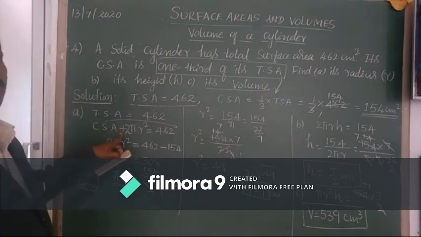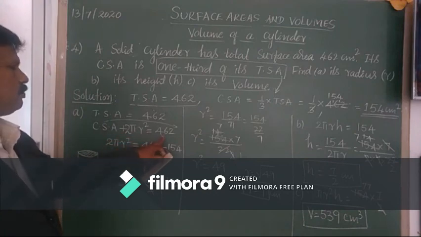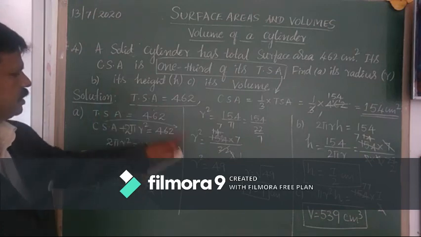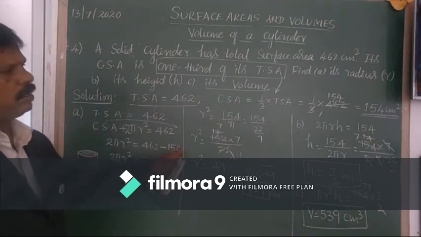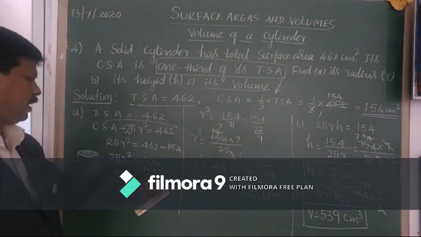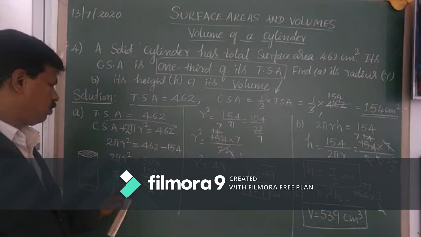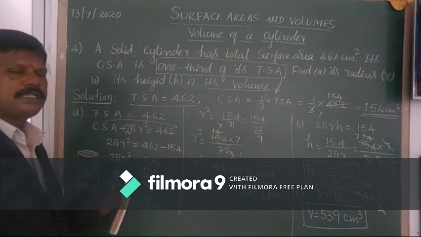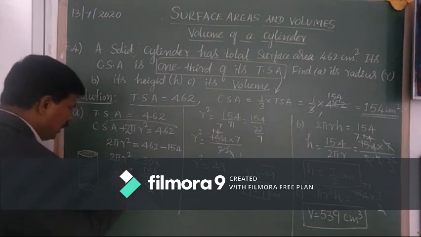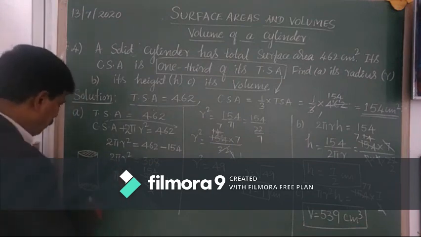CSA plus 2 pi r square, that is 462. Now 2 pi r square, keep it here only. 462, shift this CSA to this side, that is 154. Now 2 pi r square is 308, and dividing by 2, pi r square means circle area, the base area.